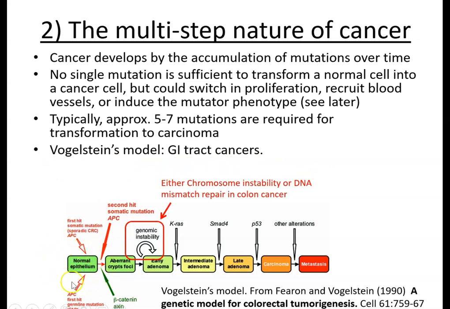So a single normal epithelial cell acquires a mutation. In this case, it is the APC gene, Adenomatous Polyposis Coli. So that's the first hit. Then you've got a second hit, and then subsequent mutations occurring.